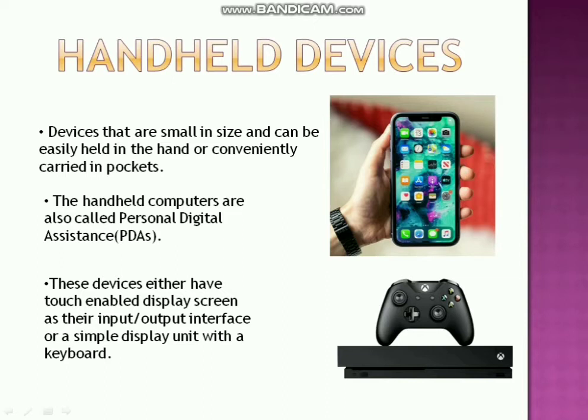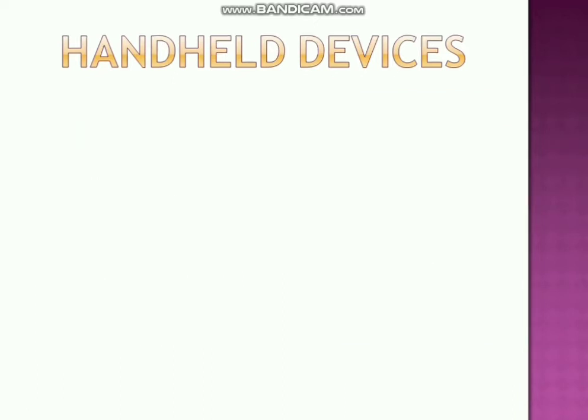For a game console it will be a joystick and similar controls, or for palm top computers it will be a compressed keyboard. It differs from one device to another. The main thing about handheld devices is you can carry them in your hand and operate them in hand. We will be discussing smartphones and game consoles in detail.